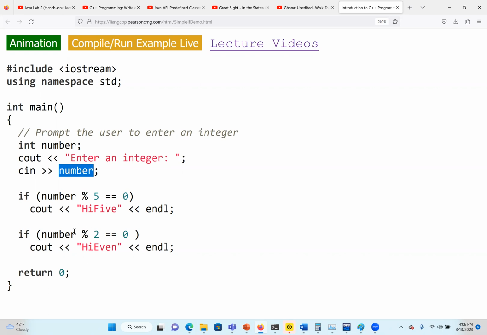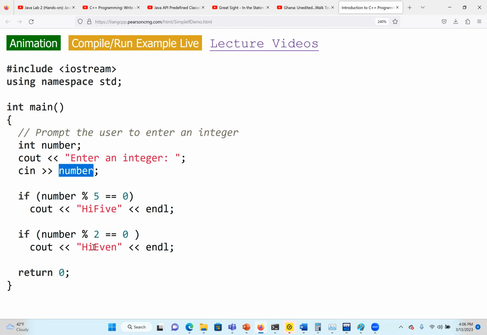The second condition checks if the same number is also divisible by 2. So for example, if I enter 10, the cout hi5 will be printed. And also hiEven will be printed, because 10 divided by 2, the remainder is also 0. So it's an even number. Now, if I enter 4, hi5 will not be printed because 4 modulus 5 is 4, not 0.